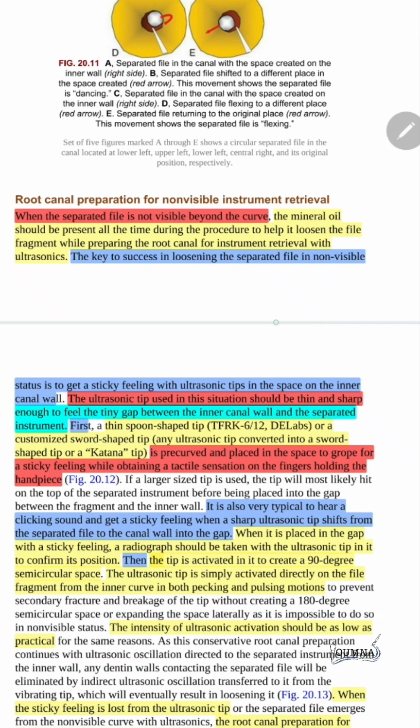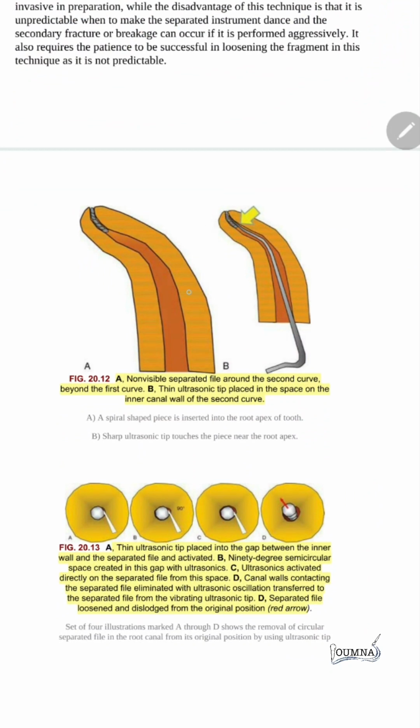Now let's talk about retrieving the file when it is not visible. How do we do it? This means that the broken instrument is in the second curvature of the canal, where we cannot see. This is the extent of our vision, and the broken file is in this area.